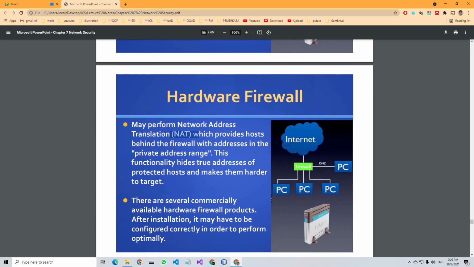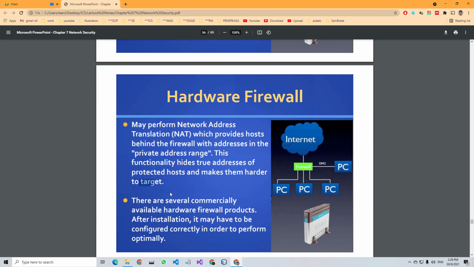It works by only allowing internet traffic to pass through if a device on the private network requested it. So this NAT firewall is used to protect the identity of a network and does not show internal IP addresses to the internet. As the name says, with network address translation, the IP address will not be shown.